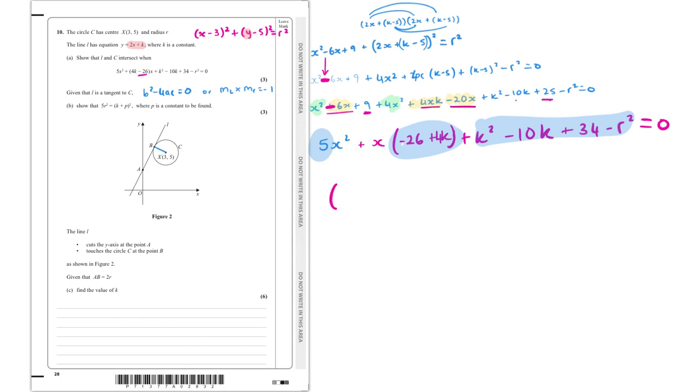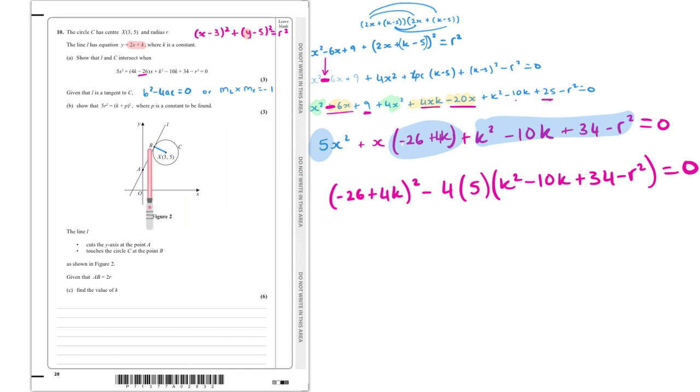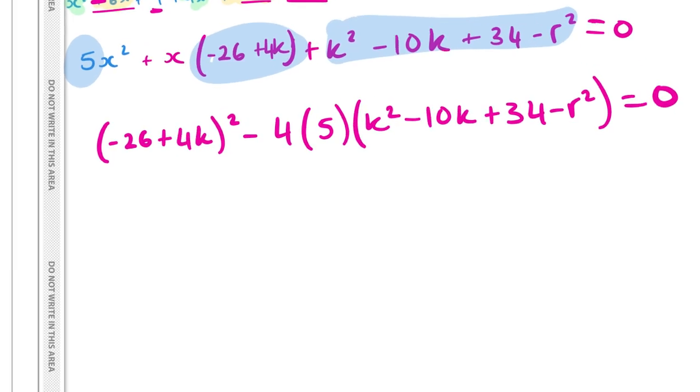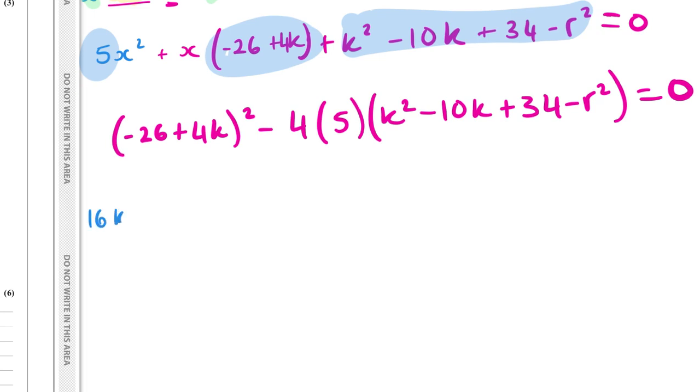Okay, so what do I know? B squared, minus 26 plus 4k squared, minus 4 lots of A lots of C equals 0. Okay, let's get squaring then. The reason why I chose this over the gradients is because I didn't have a point B yet. So here we go. What do we get? 16k squared minus 50.